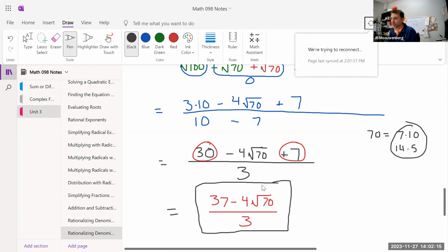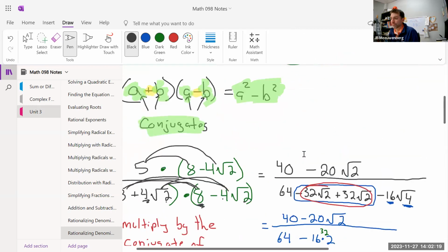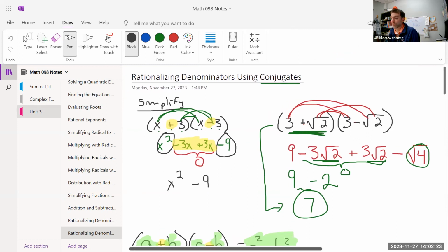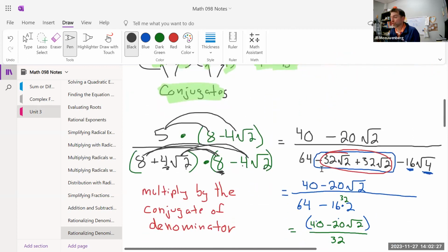So just as a quick review, when you are asked to rationalize denominators, you have to consider, does the denominator have more than one term or not? If it does, then you have to multiply by the conjugate of whatever that denominator is.